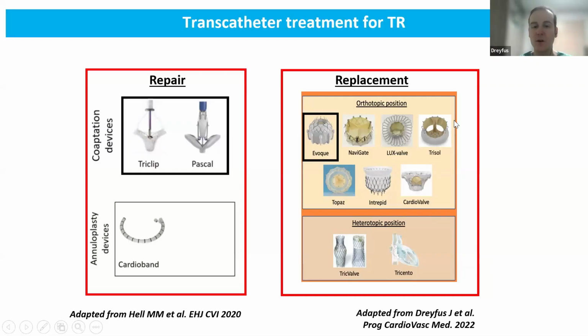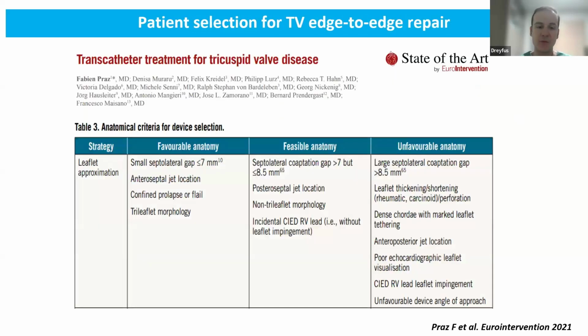We will focus on orthotopic because you will be able to correct TR. And only one, the Evoque from Edwards, is currently FDA approved, CE marked, and also reimbursed in several countries. And there are some others like the Topaz or the Lux Valve that are in the process to get those approvals.